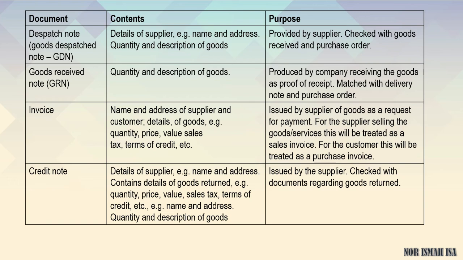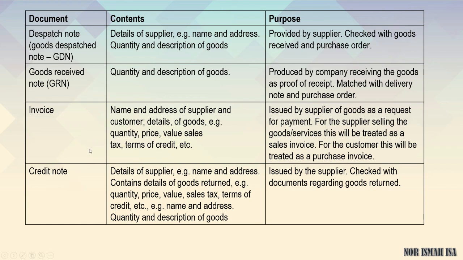This is a cross-check for the goods being delivered, about the quantity, the detail, the goods description, and others. And the goods receipt note is proof of receipt of the goods. This one must be matched with the delivery note and purchase order, whether the goods being transferred are the same amount as ordered by the company.